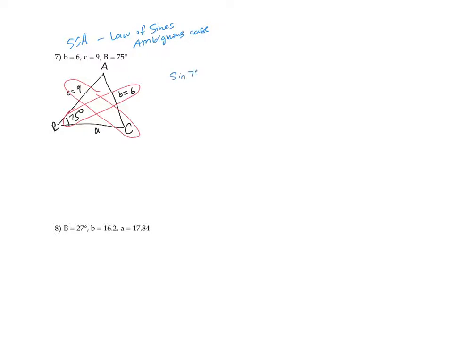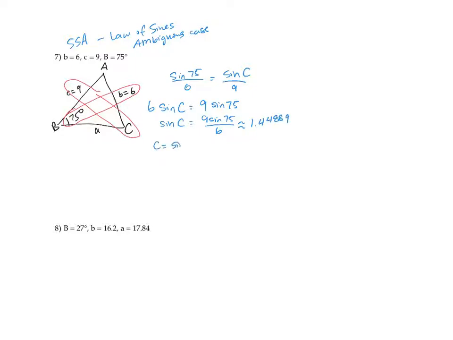Sine of 75 over 6 equals sine of capital C over 9. So sine of C times 6 is 9 sine of 75. So sine of C is 9 sine of 75 over 6, which in my calculator, 9 sine of 75, and then divided by 6 gives me 1.448889.